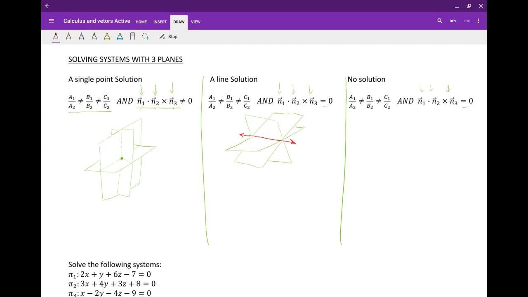All right. Now, lastly, there is the no solution one. And there is actually a wide range of no solution possibilities, okay? And I'm not going to write them all down because there's just a bunch of them.